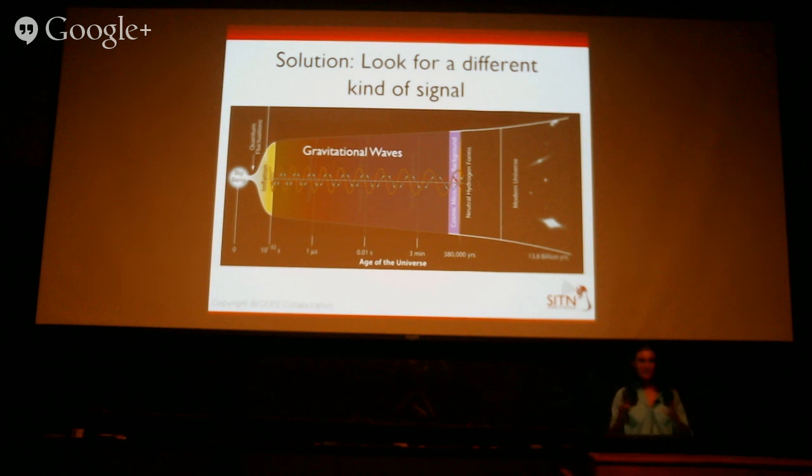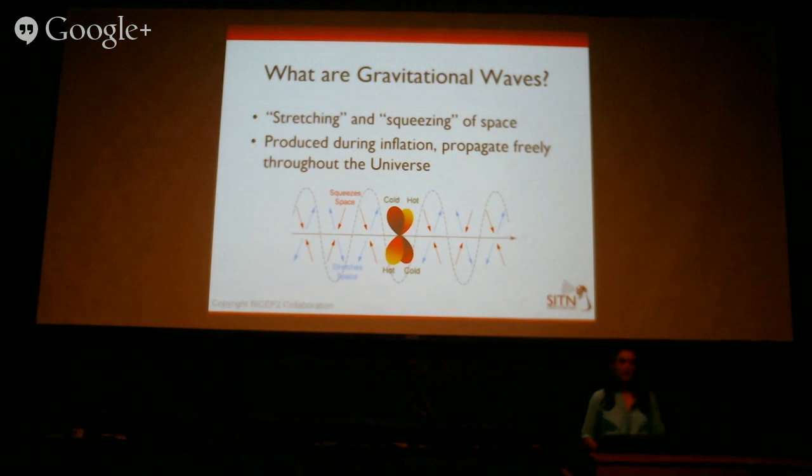So space itself gets squeezed and stretched, and these gravitational waves propagate out through the universe due to the sudden shock of inflation. And it turns out they leave a signal in the light of the cosmic microwave background that we can hope to detect.